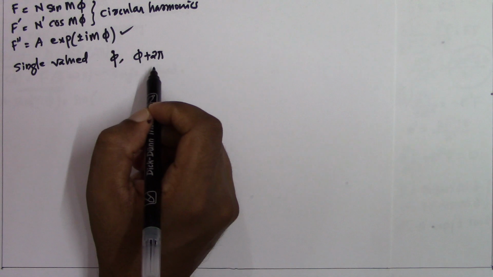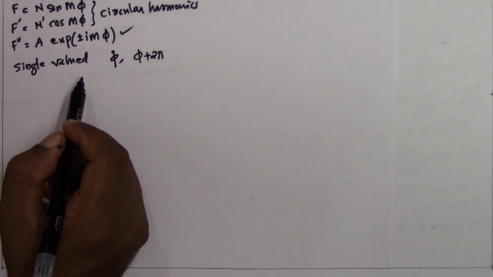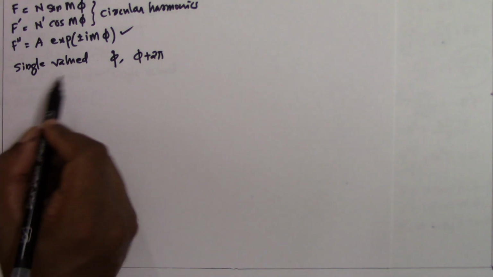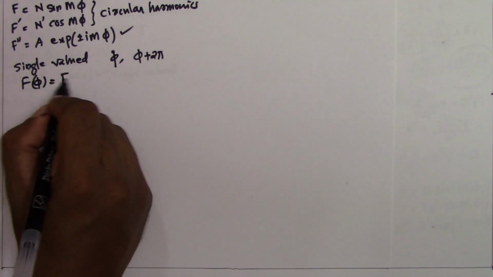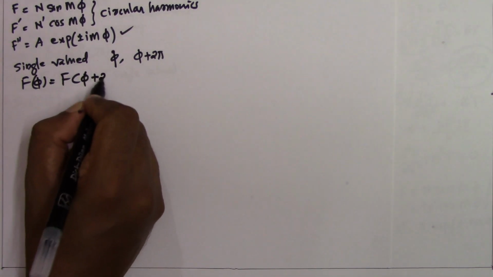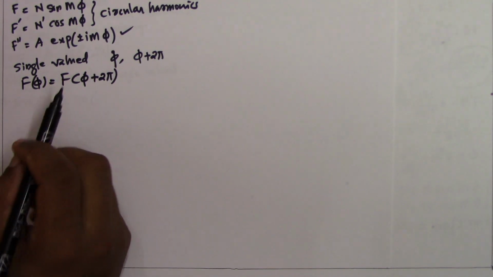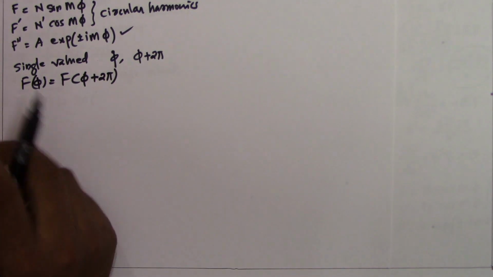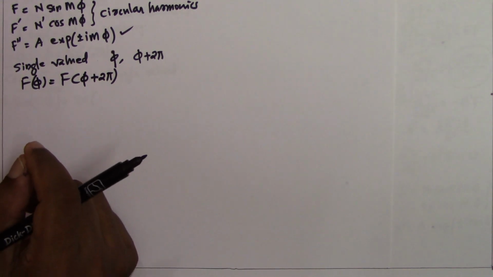So the condition for single valuedness tells us that f of phi should be equal to f of phi plus 2 pi. If so, it will be single valued, and this condition is a must for a well behaved wave function.